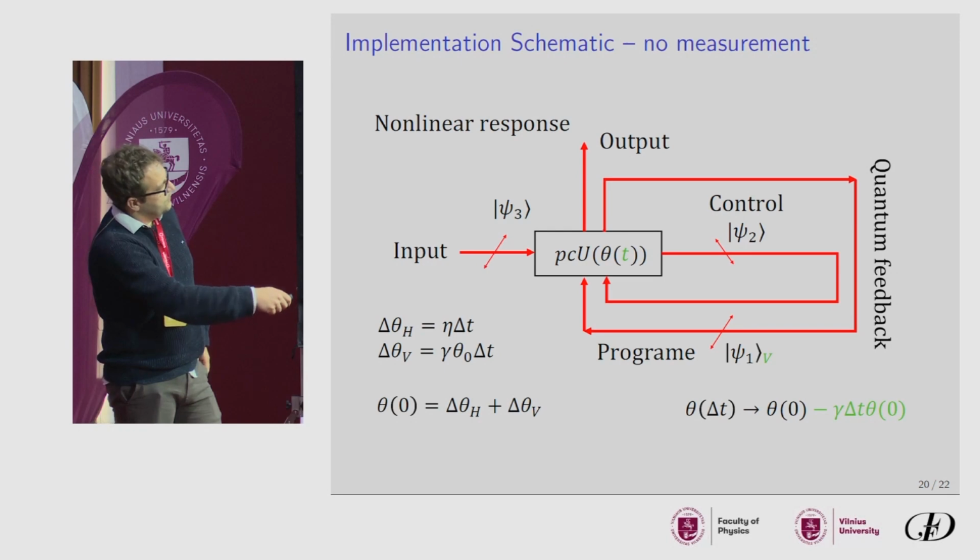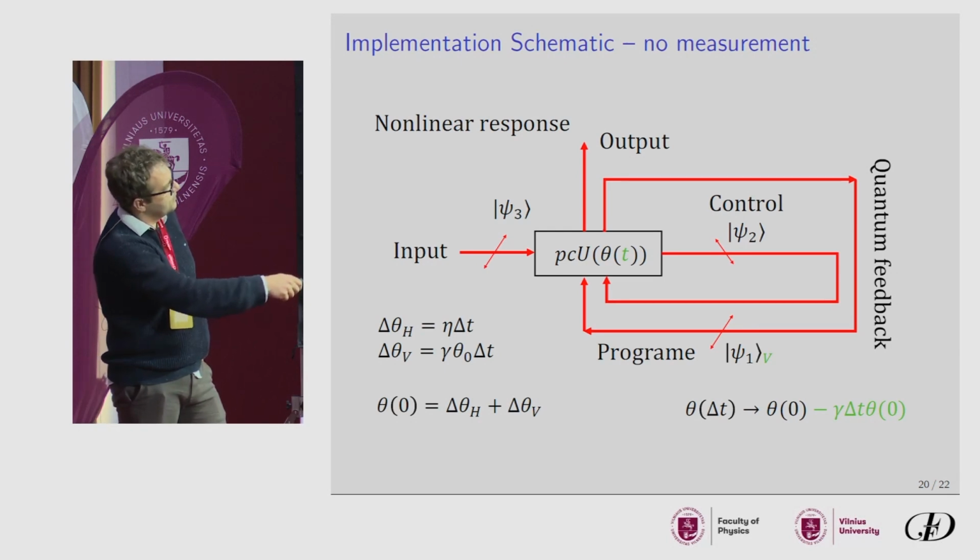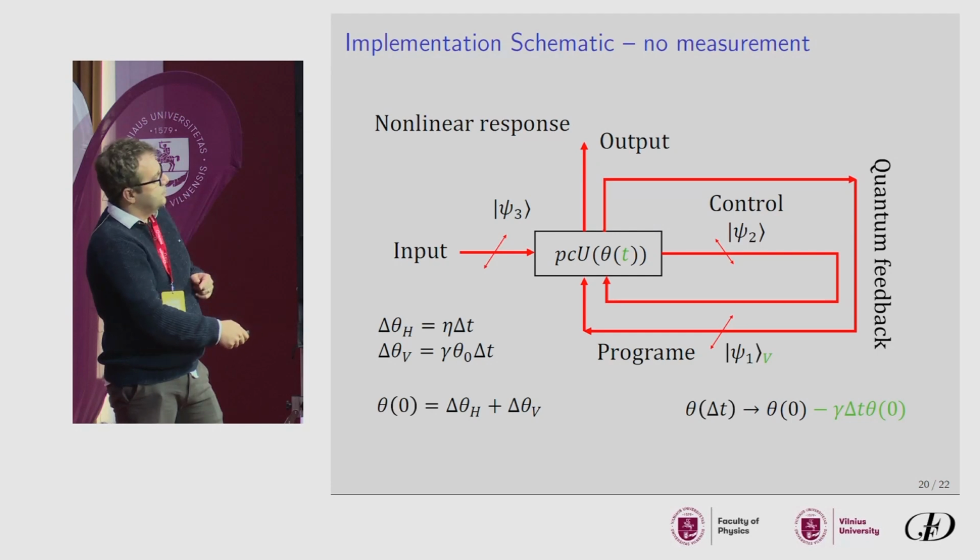So if you put this, the first photon goes here, the next photon, actually the same photon circles a second time, and the first time it's the control photon, the second one is the program photon. So it gives you this kind of update to your theta that becomes theta dependent, okay?